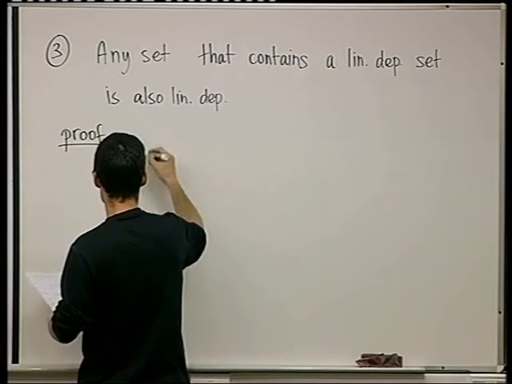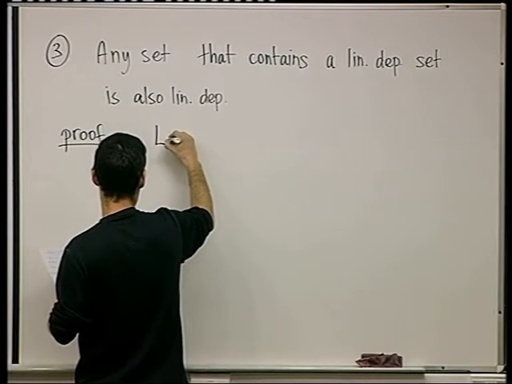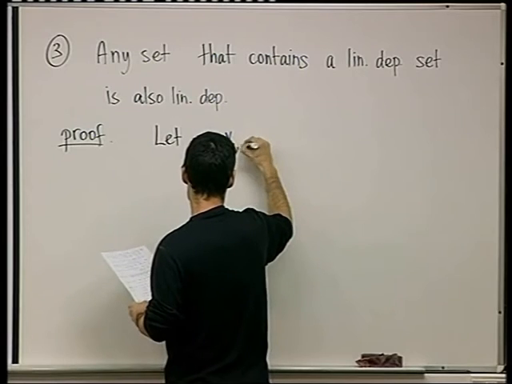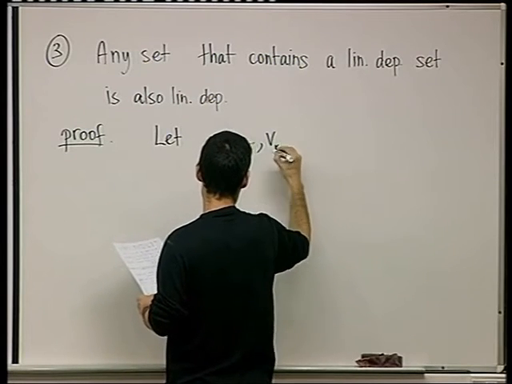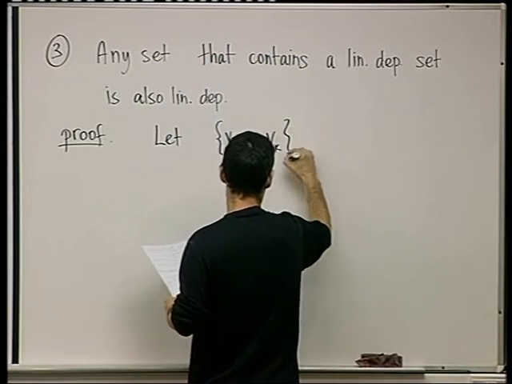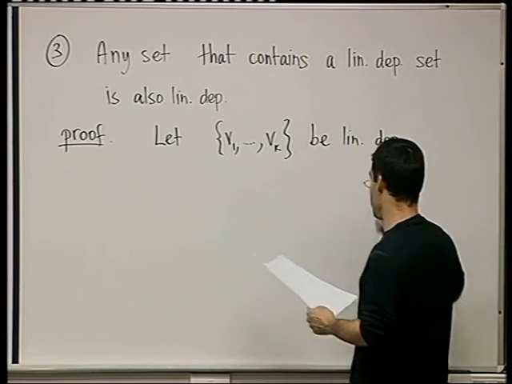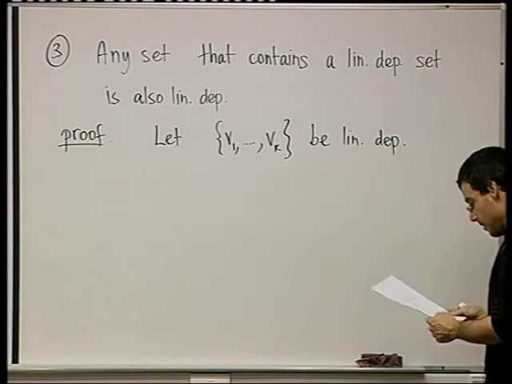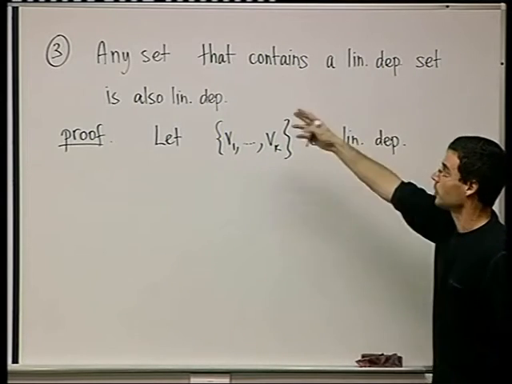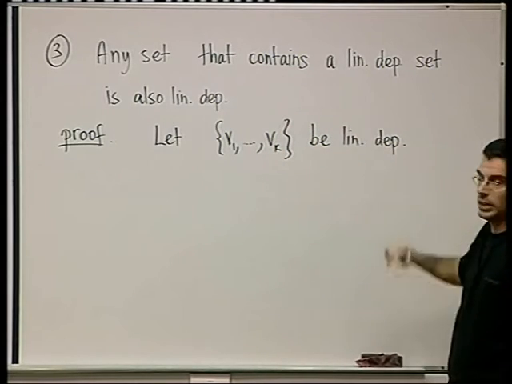So let v1 through vk be linearly dependent. So we're taking a set of linearly dependent vectors. And now let's add some vectors, so it's going to be a set that contains a linearly dependent set.